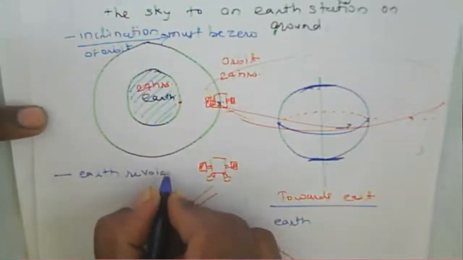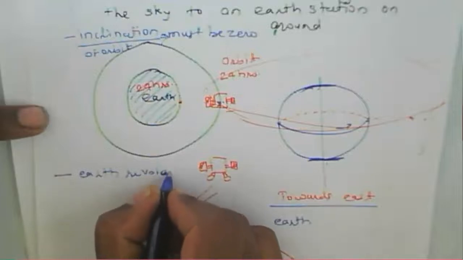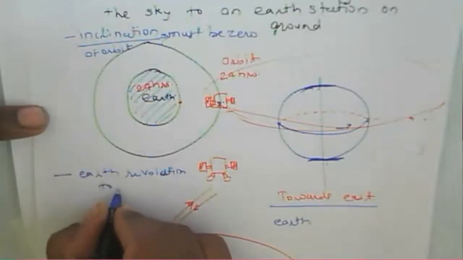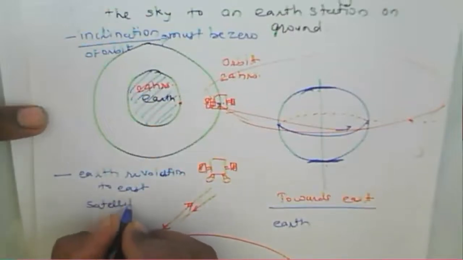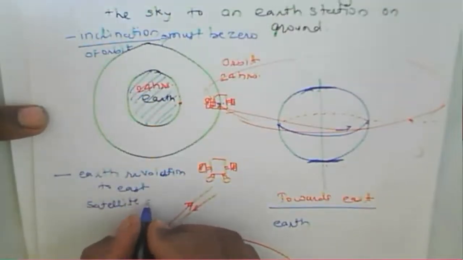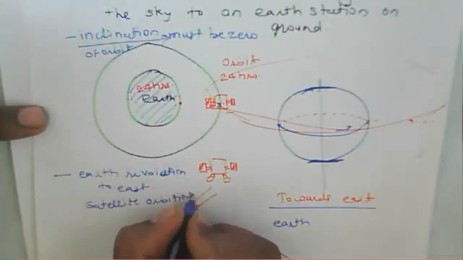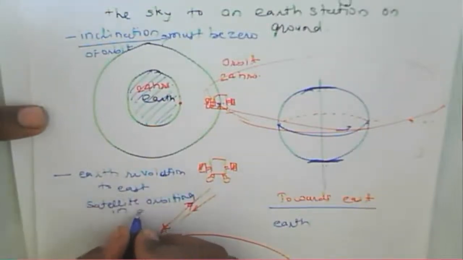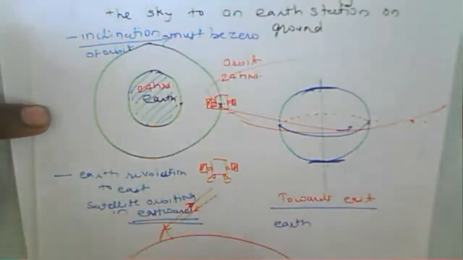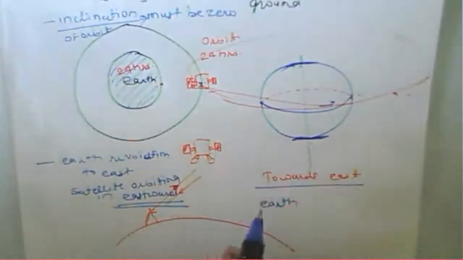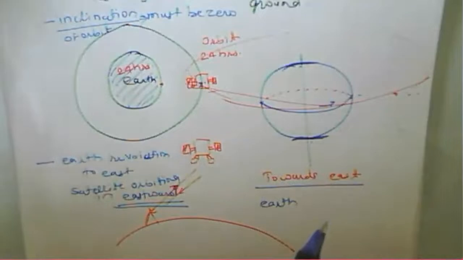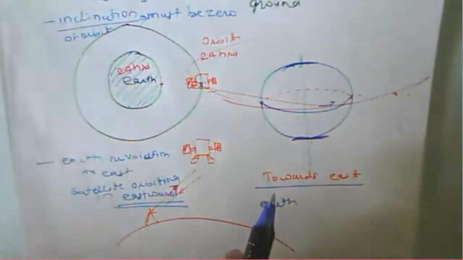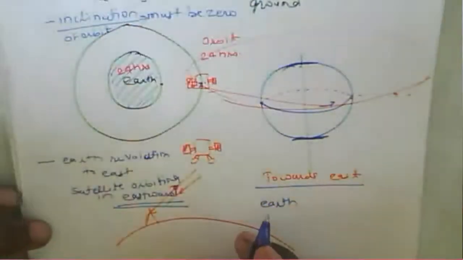Our Earth's revolution is towards the east. Similarly, the satellite must be orbiting in the eastward direction, so that the satellite looks like a fixed one.